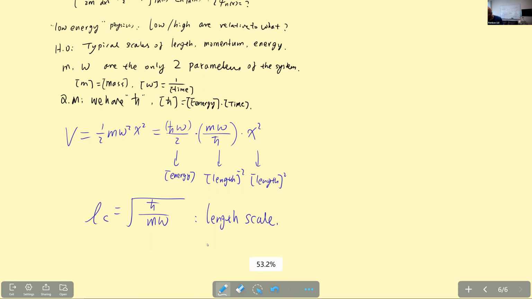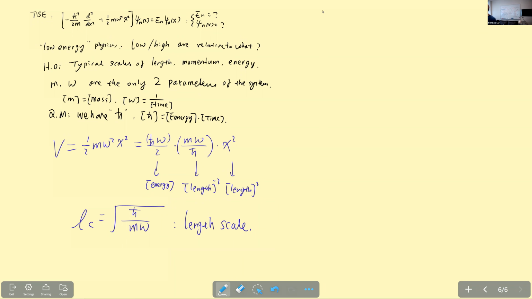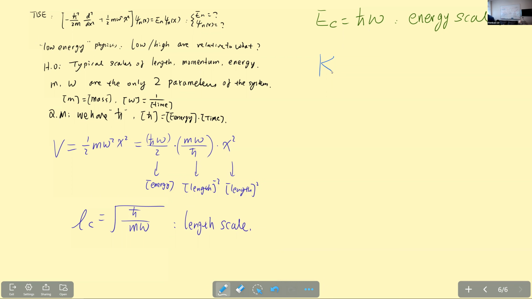And then automatically we have already determined the energy scale, h bar omega. Now let's look at the momentum. For the momentum, we look at the kinetic energy, which equals p squared over 2m. Again, we write this as h bar omega, the energy scale, over 2.